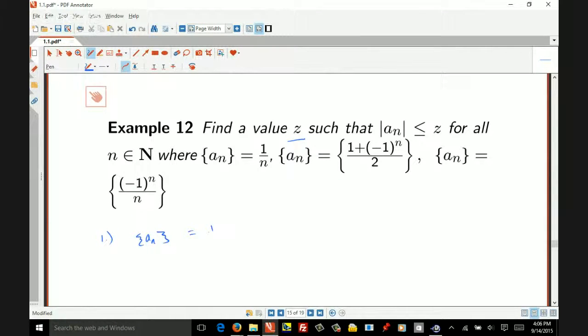So for the case a_n equals 1 over n, what value is going to be our bound? Problem is that 1/2 is bigger than 0. It has to be a bound both upper and lower. So in other words, we want the absolute value of 1 over n less than what for all n?